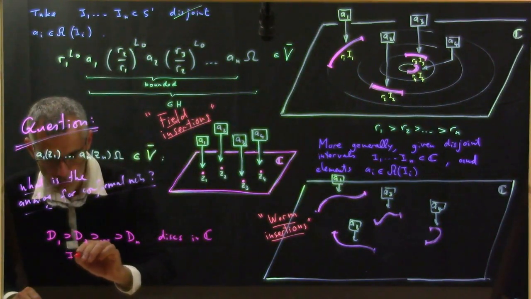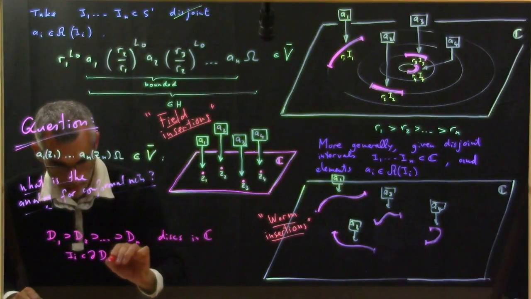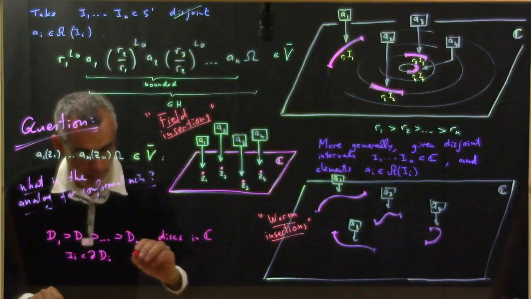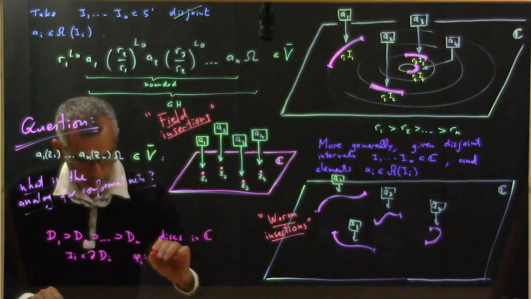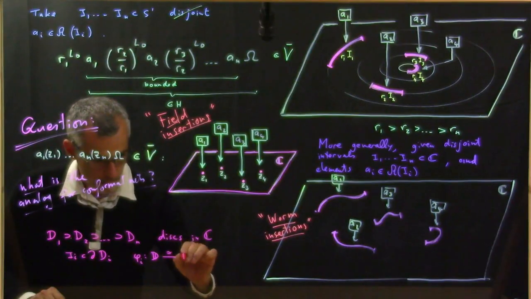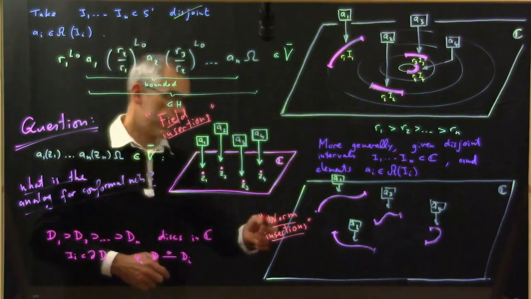So the ith interval is on the boundary of the ith disk. And let's also pick a parameterization, a Riemann map from the standard disk to these disks. So let's draw them so that we have an idea what's happening.